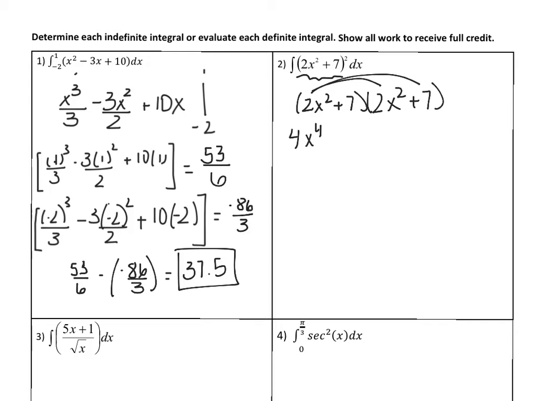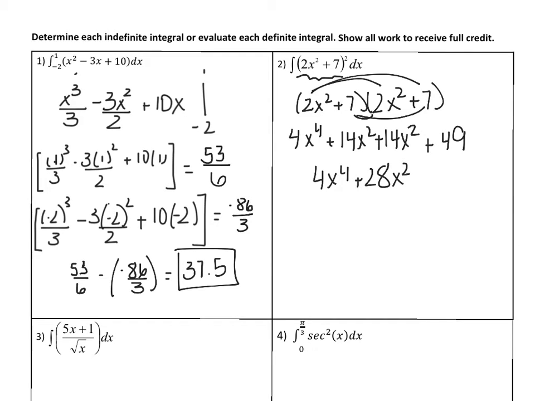The outers multiply to 14x squared. The inners multiply to another 14x squared. And the lasts multiply to 49. And if I combine like terms, I have 4x to the fourth plus 28x squared. All I did here was add those two together, plus 49.